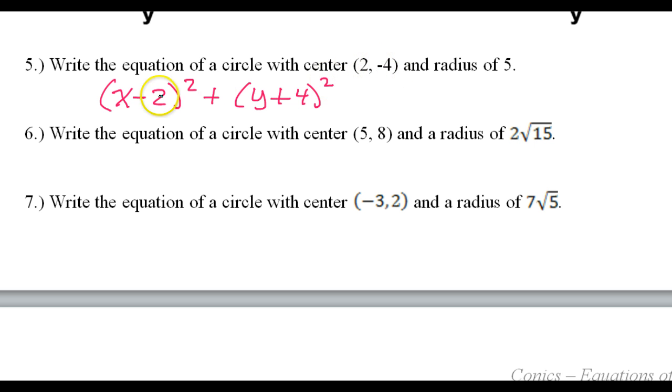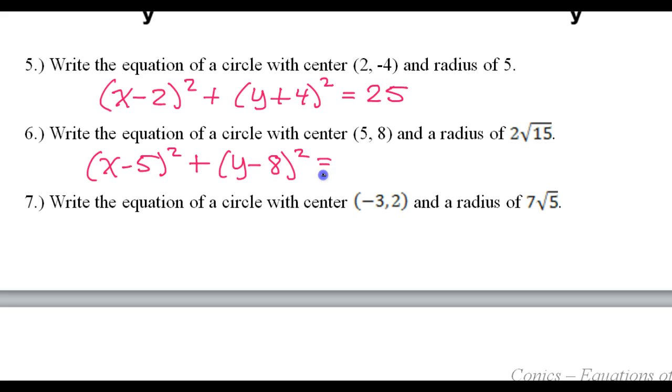See how I'm doing the opposite sign? That's the key. And then here's got to be radius squared, so that's just going to be 25. Now, for number 6, same type of thing, (x - 5)² + (y - 8)².